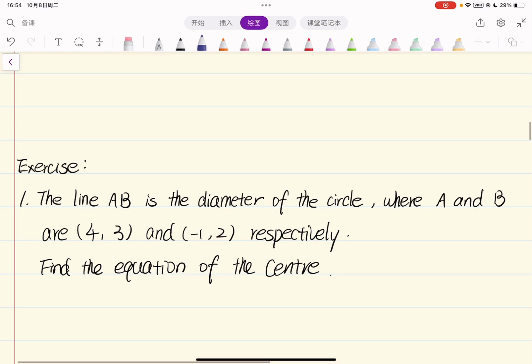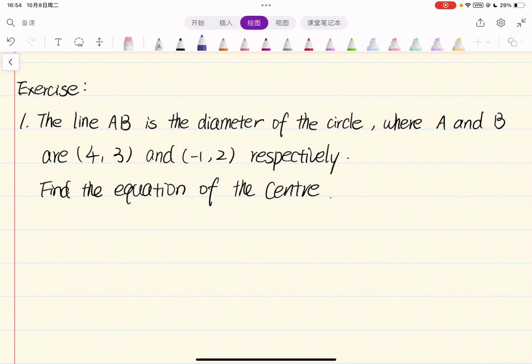Now let's do some exercise. The question says the line AB is the diameter of the circle, where A and B are (4, 3) and (-1, 2) respectively. It asks you to find the equation of the circle.